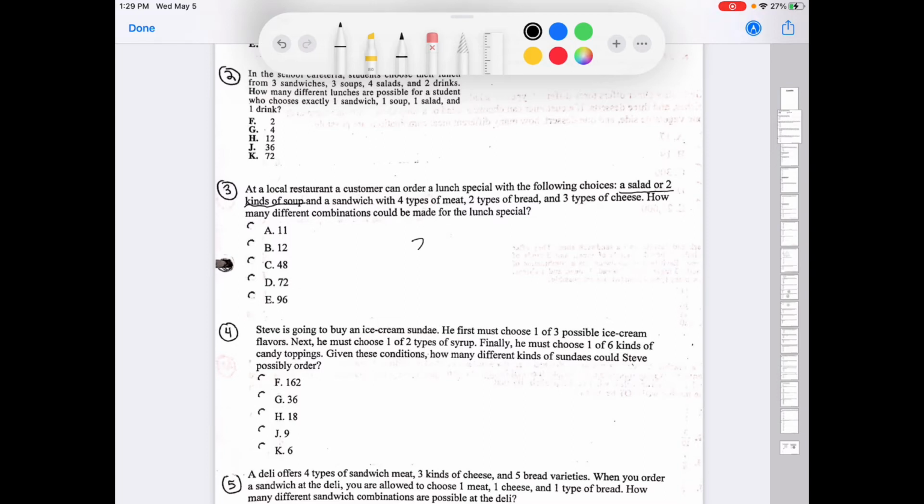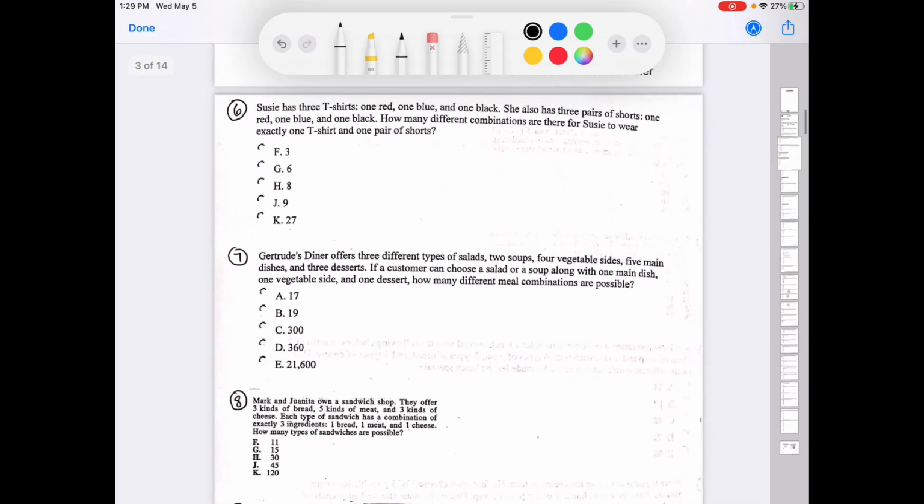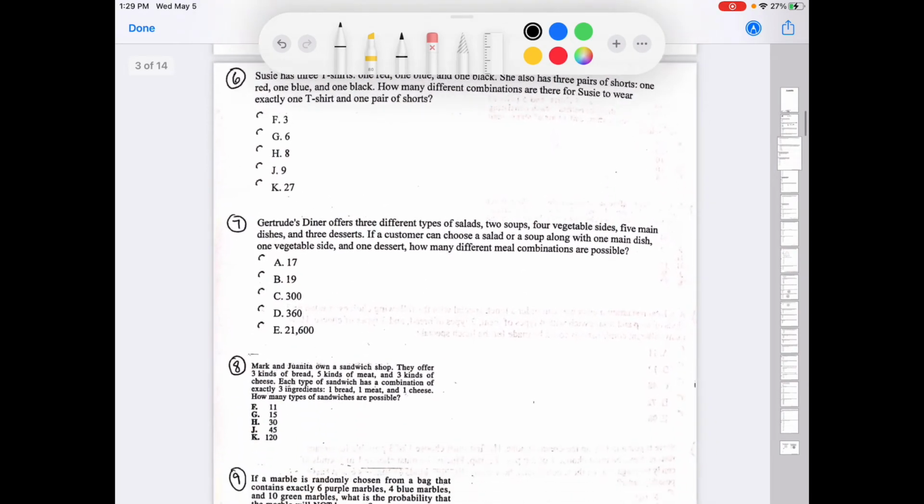So we'll say 3 times, and a sandwich with 4 types of meat, so 4 times 2 types of bread times 3. So that will give me 72. So that's 1 through 8. That's how you do those.